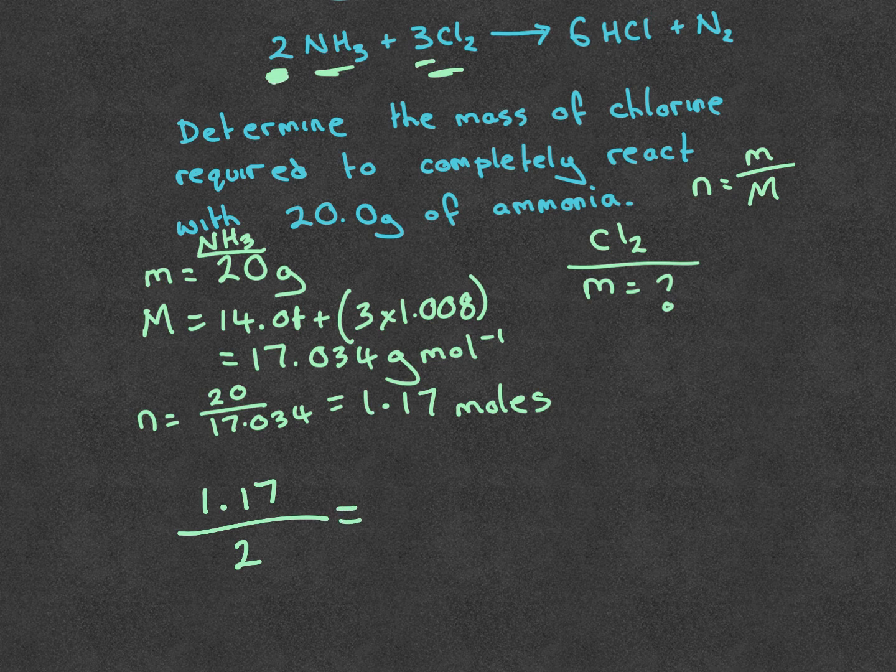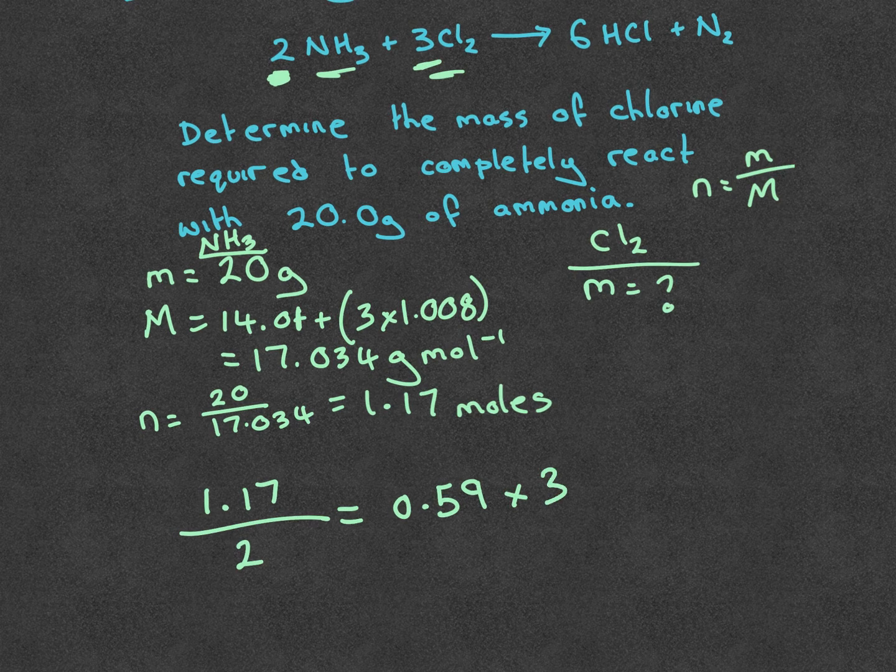Divided by 2 gives me 0.59. Then I'll times it by 3, which is the coefficient in front of the chlorine, giving 1.761. And this is our moles of chlorine.